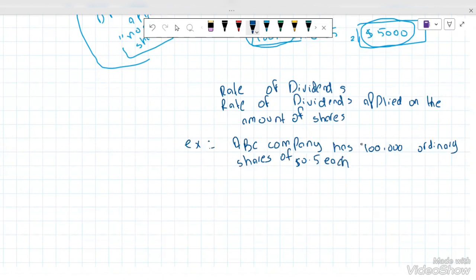Just remember that 100,000 is the amount of shares you are issuing to the general public. Okay, just remember this thing.